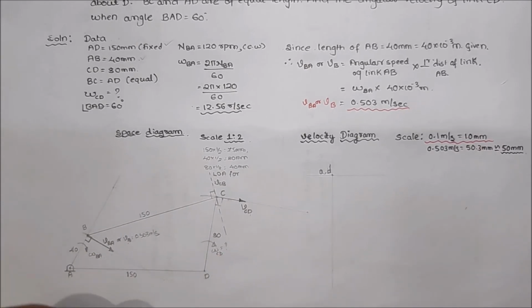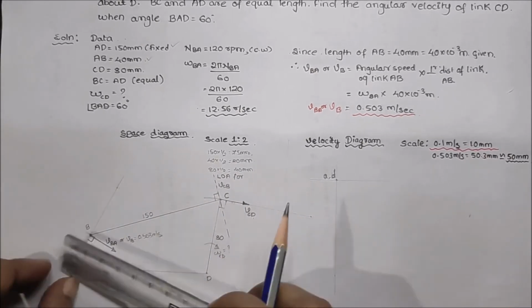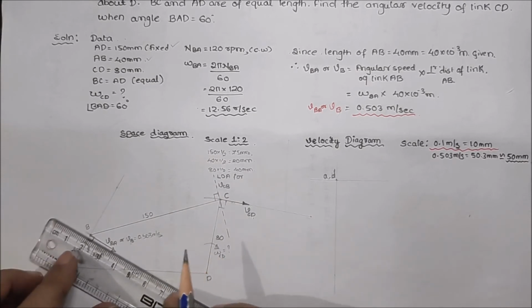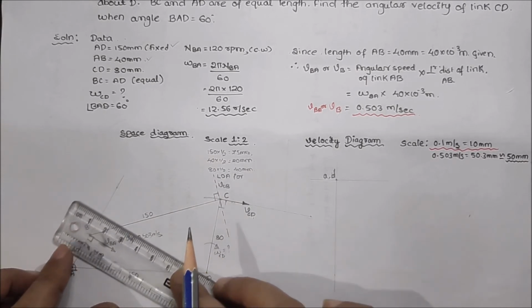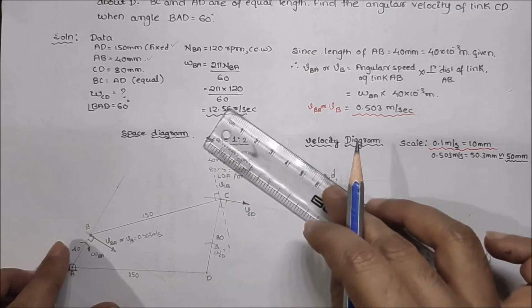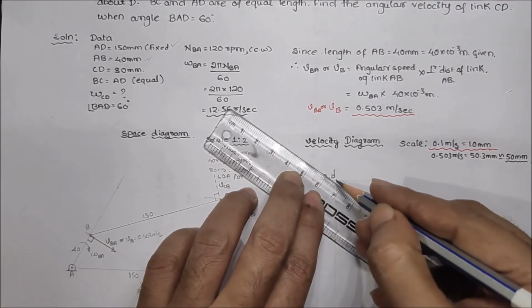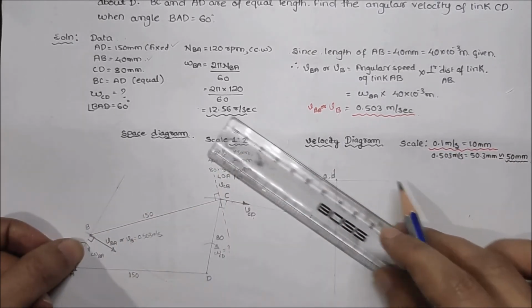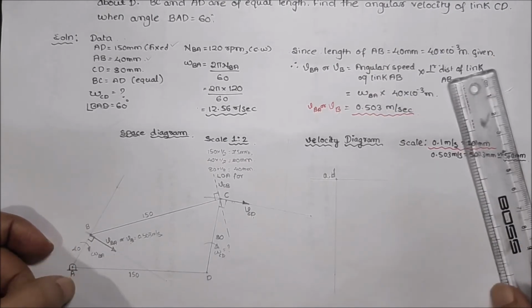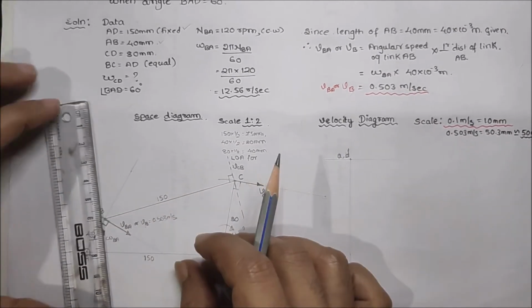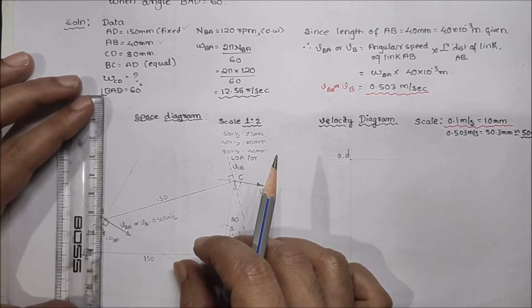In many textbooks, many people take this one parallel, like a roller scale, we can bring it and place it here and draw the direction. But as we don't have that, what we will do is draw one 90-degree line here.